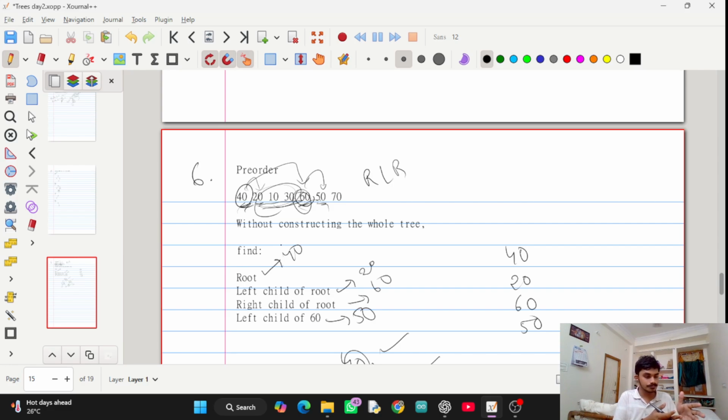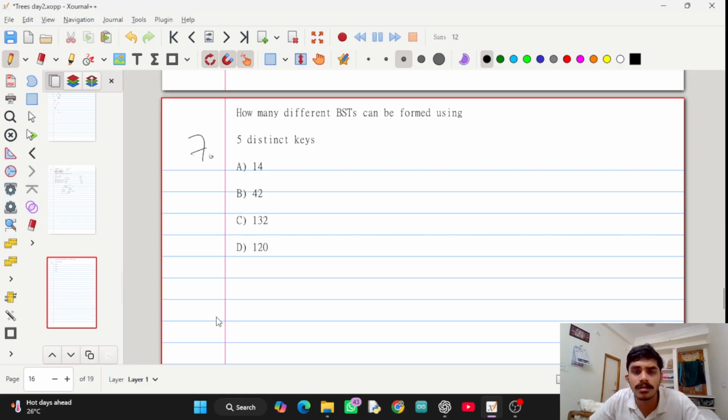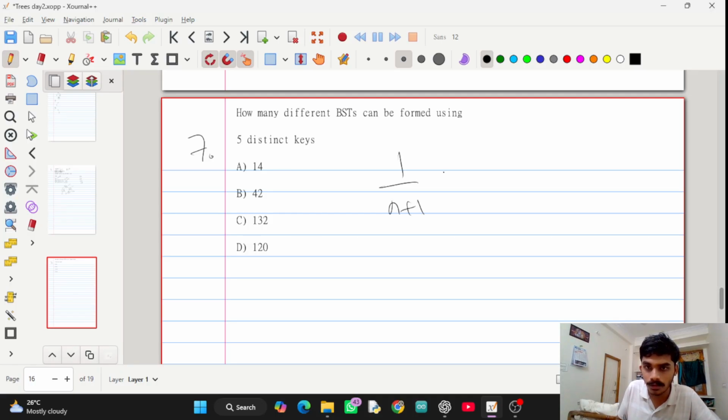Coming to the seventh question: how many different BSTs can be formed using 5 distinct keys? This is a Catalan problem, which can be solved using the formula 1 by n plus 1 times 2n C n.